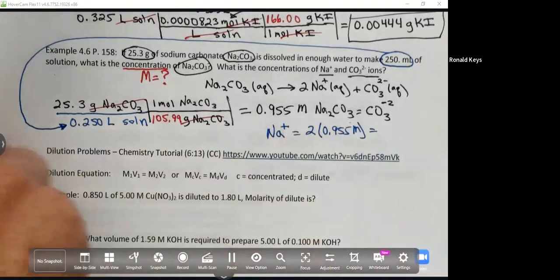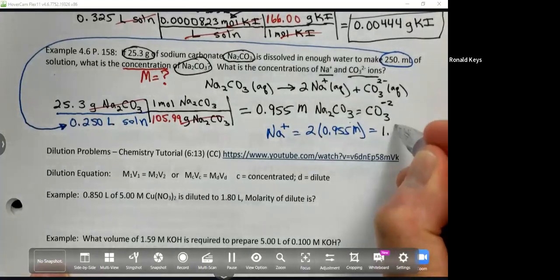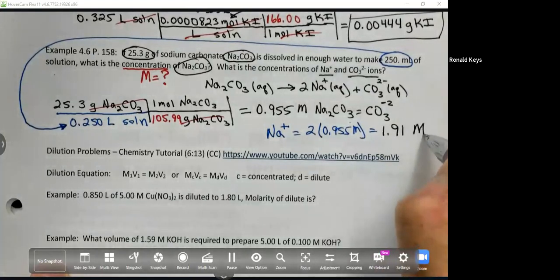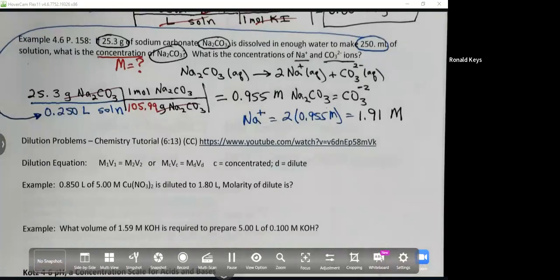So my sodium ion is going to be 1.91 molarity.